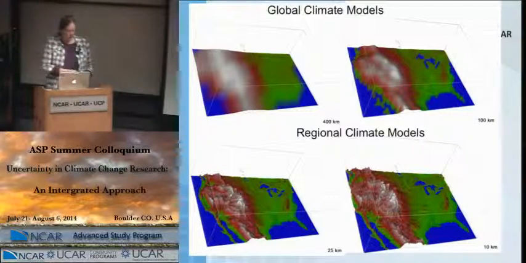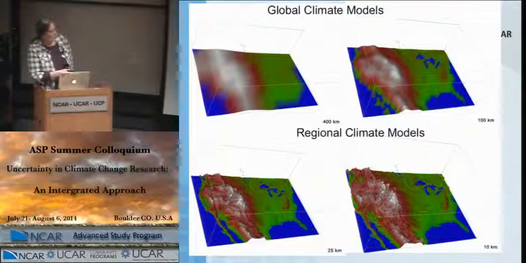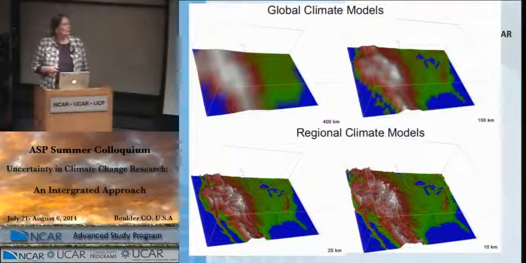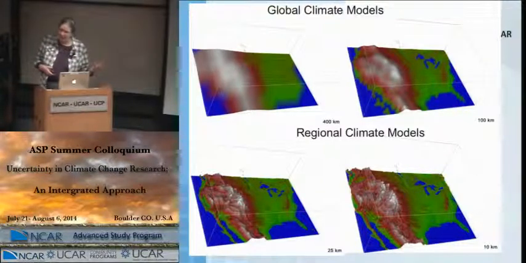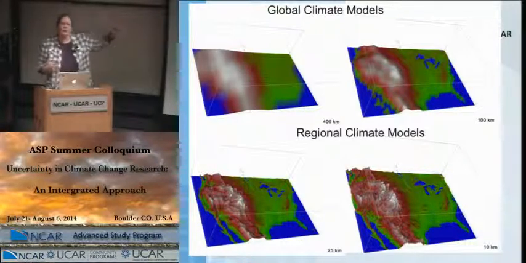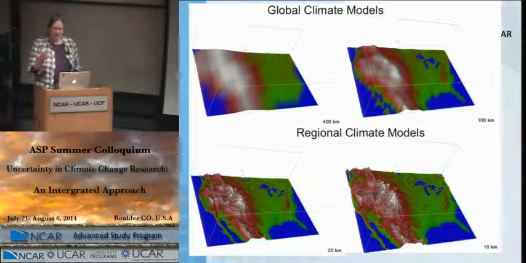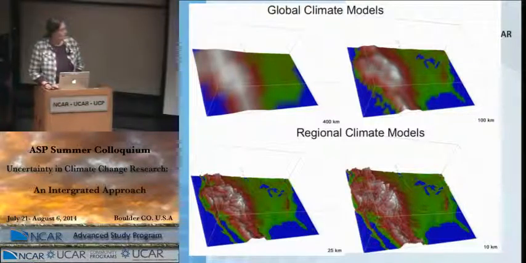If you show people results for the western US that look like this, or even this, there's a credibility problem that isn't exactly scientific, but it has to do with whether or not this region is recognizable to them as their region. So if you're talking to stakeholders or the public, this becomes a very important consideration, which is both a scientific issue and a perceptual issue.